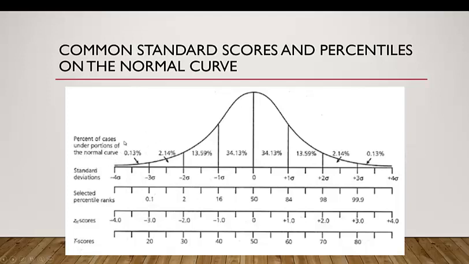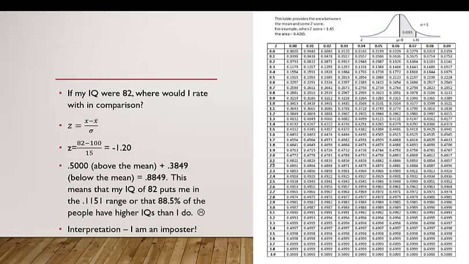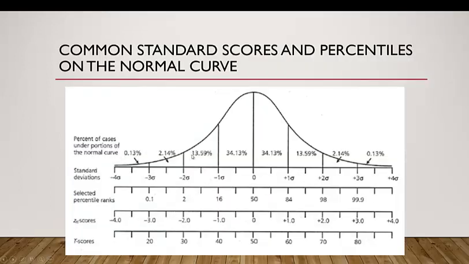They either rank below or above the mean up to one standard deviation. That covers 84.13% of the people in our population. So if we're talking IQs, and we saw that my IQ of 82, my z-score is 1.2, then my IQ really only fell about right here.